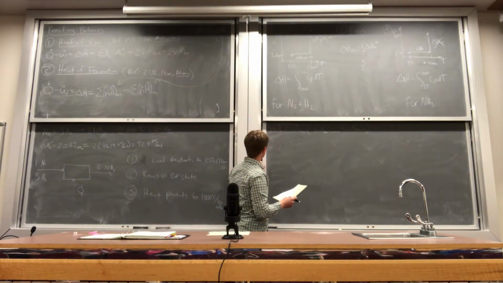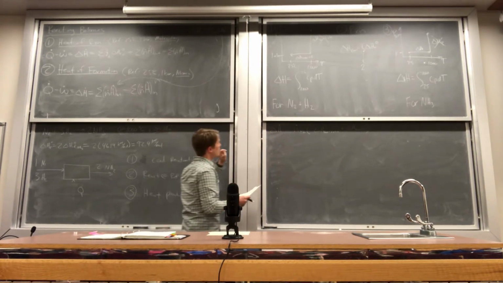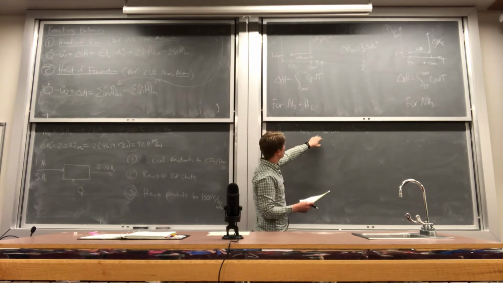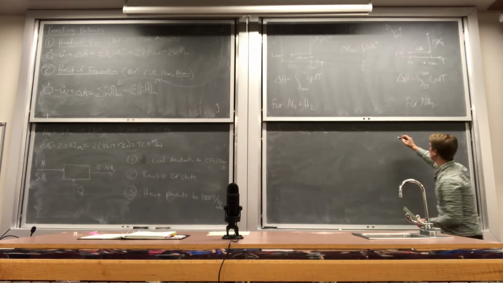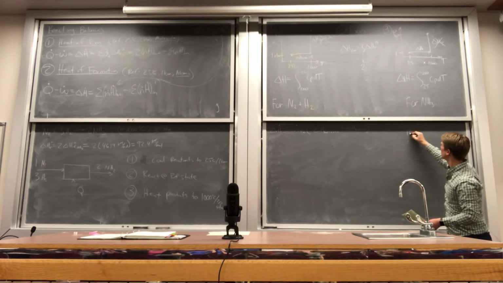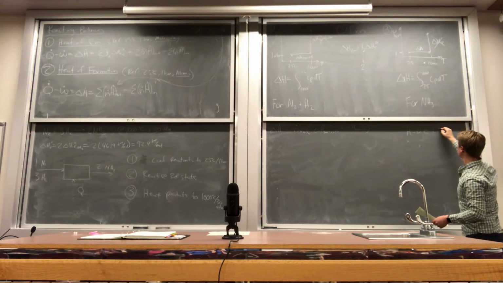So the one thing that I did here is I kind of did this a little bit backwards compared to the reference state that we have. Because if we're doing, yeah, I made this more confusing than it has to be. So in this case, our H hat equals 0 at 25 degrees C and 1 atmosphere.